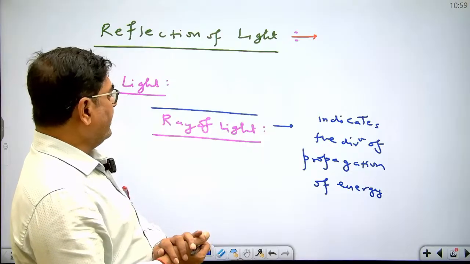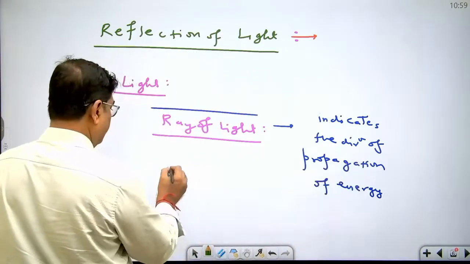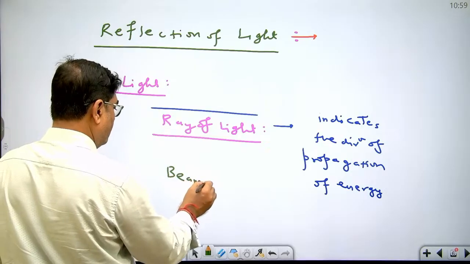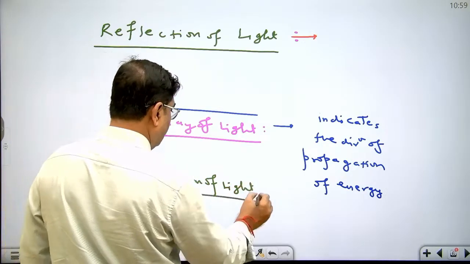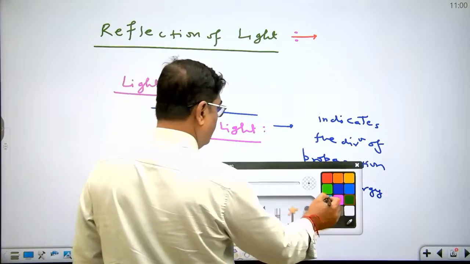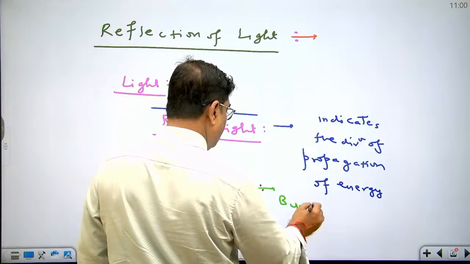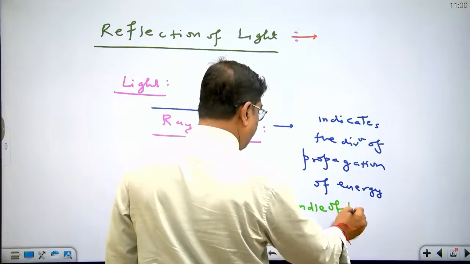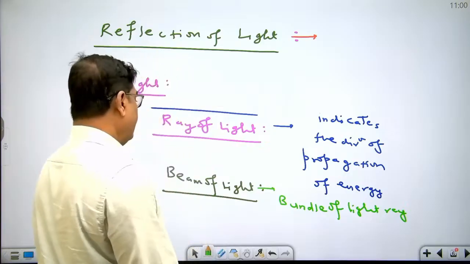What is beam of light? A bundle of light rays is called beam of light.